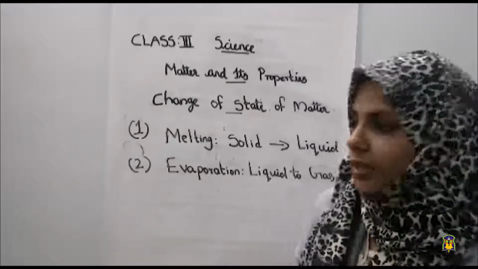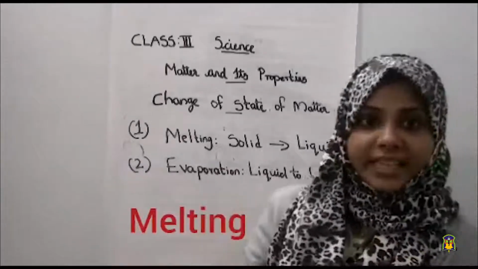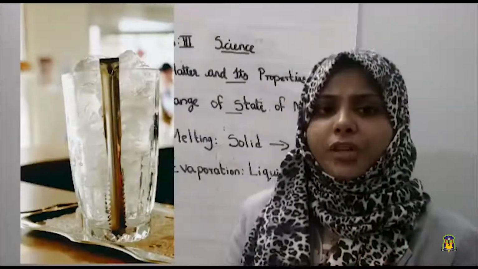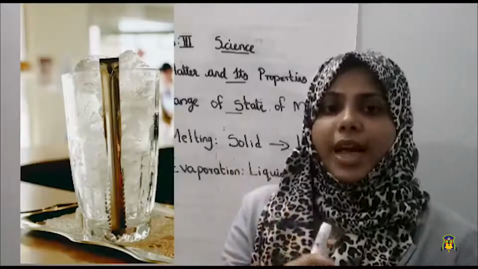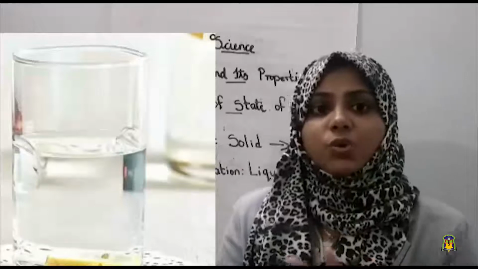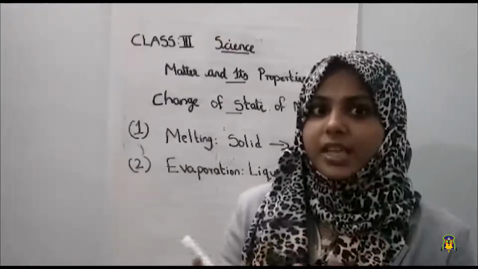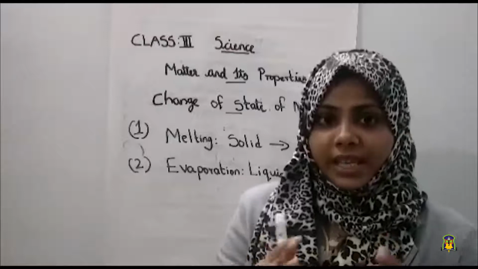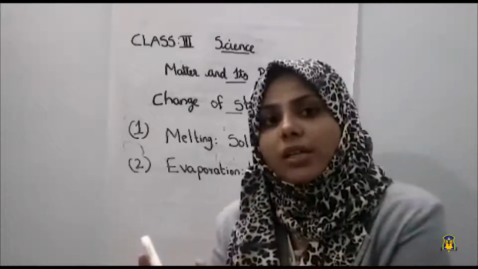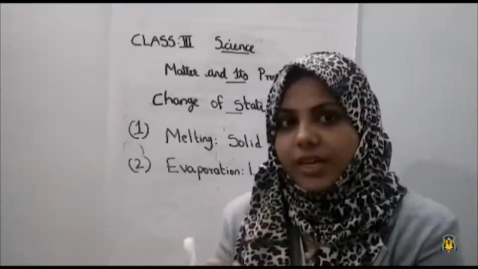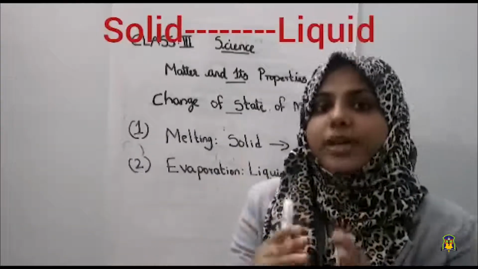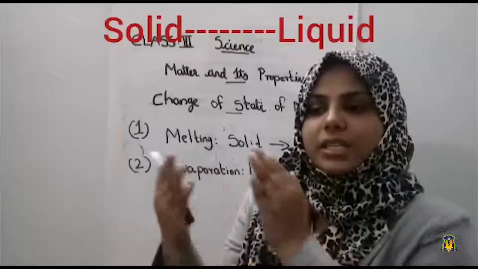First, we are going to discuss melting. If you take an ice cube out of the fridge and put it in a glass, what happens after some time? Yes, the ice changes to water.